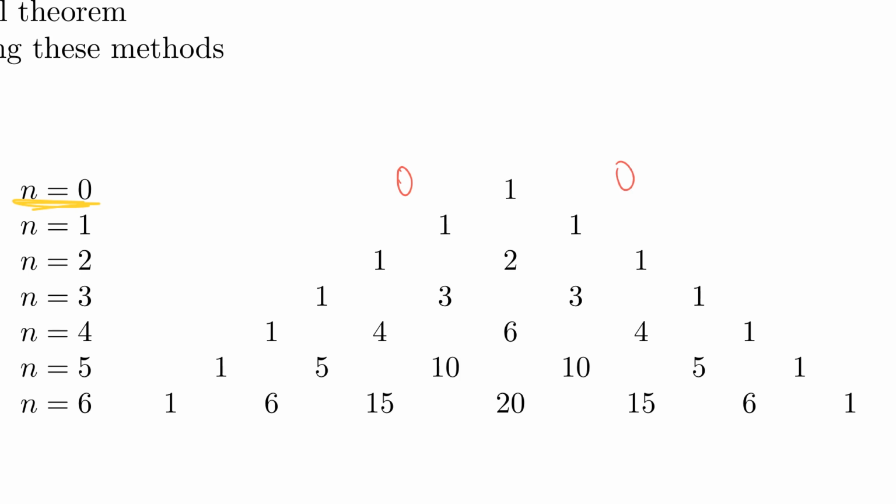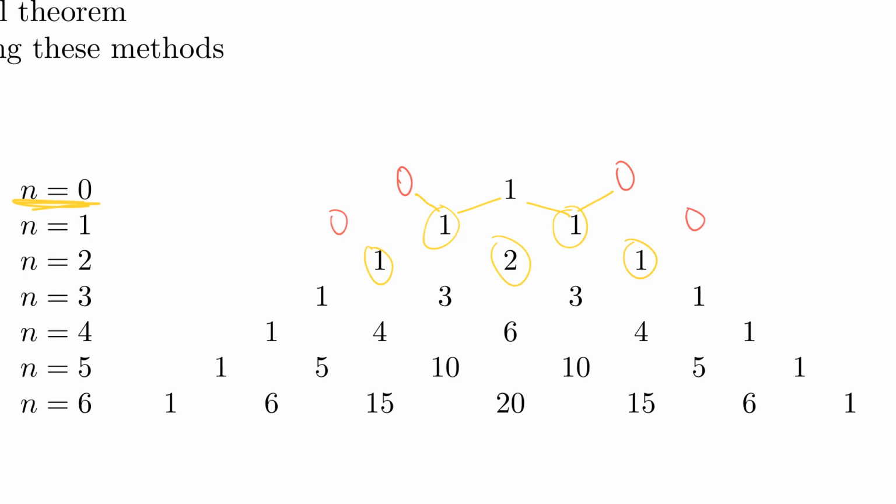The next row, what we do is add these two numbers. So 0 plus 1 is 1. 1 plus 0 is 1. And then we go to the next row. We add the two zeros on the side, and we do the same. 0 plus 1 is 1. 1 plus 1 is 2. 1 plus 0 is 1.